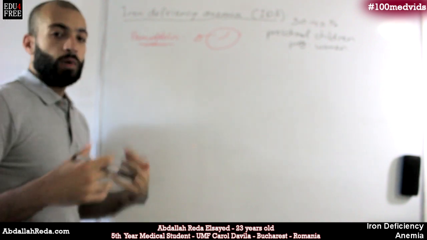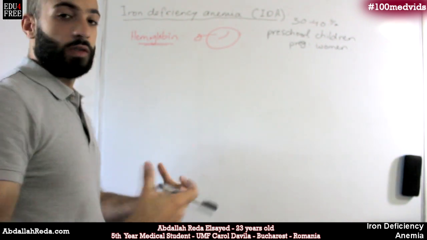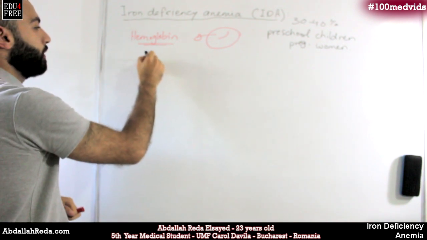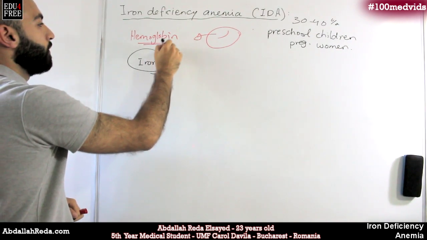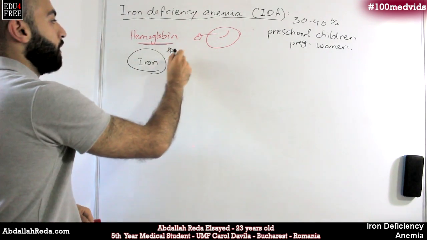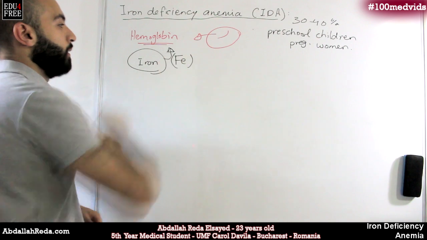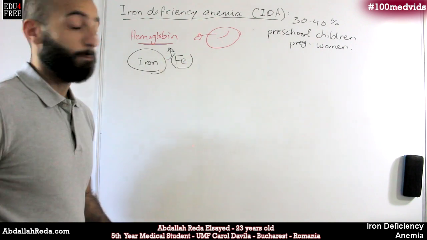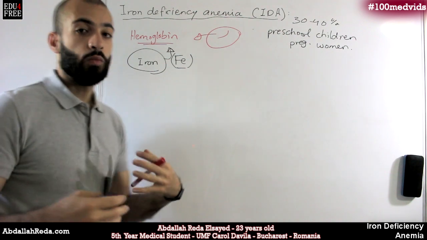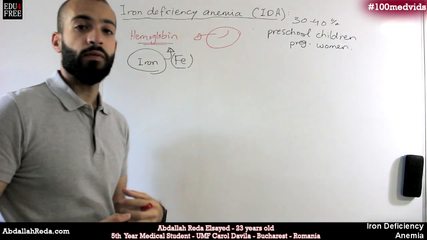And in order for our bodies to synthesize, to make hemoglobin, we need iron for that. So iron is a very important factor in this process. That's the symbol of iron, Fe.